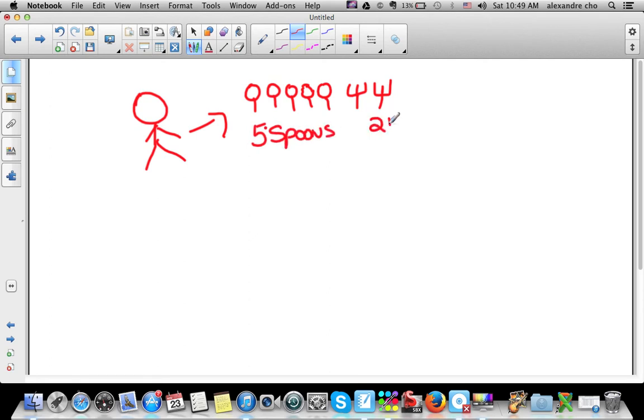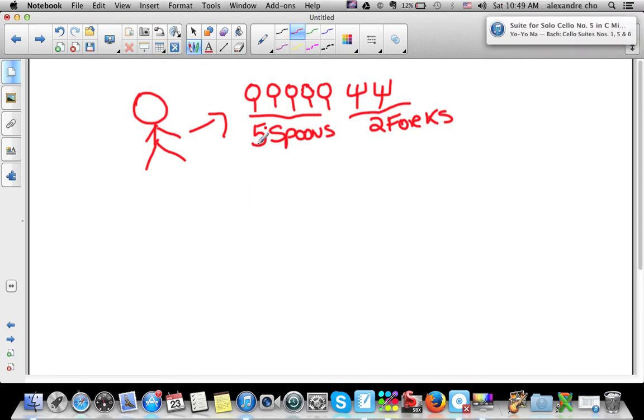These are 2 forks. Okay. Simple question, I think. Simple question. So one person gets 5 spoons and 2 forks. If I have 120 people, how many spoons and forks are needed?